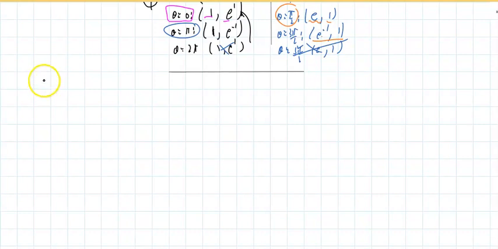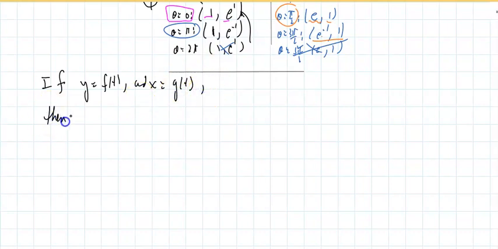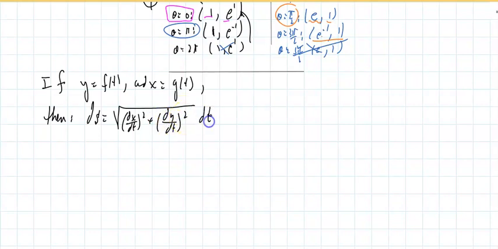I'm going to go back and reinforce something that we learned, but now you're going to do things the easy way. If y is some function of t, and x is some function of t, then if we understood section 8.1, then ds is the square root of dx/dt squared plus dy/dt squared dt, which indicates I no longer have to worry about whether I should do this with respect to x or to y.